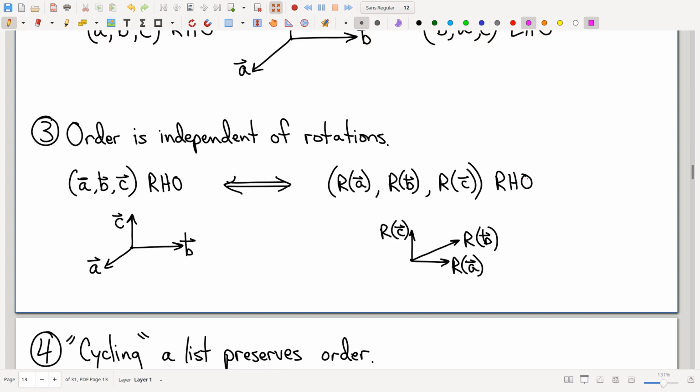Let's see here. In fact, what did I do here? Looks like what I did here was, so ABC, like this, and then I rotated to get now RA, RB, and RC, still a right-handed list. So all the same 3 properties that clockwise, counterclockwise has. So I think this is a pretty persuasive pitch. This is a 3D version of clockwise, counterclockwise.